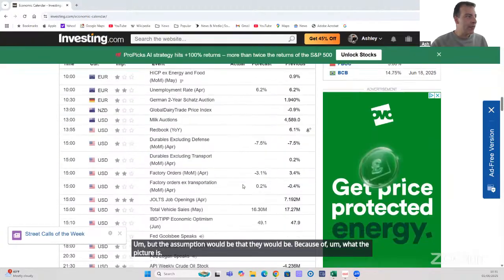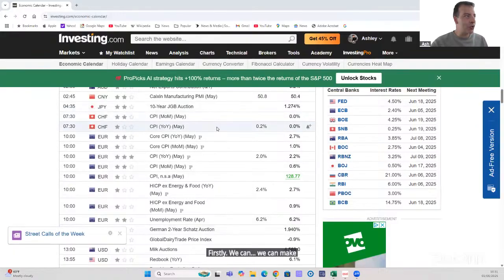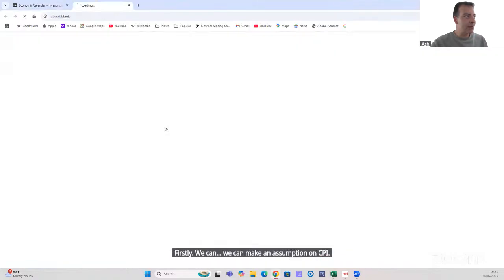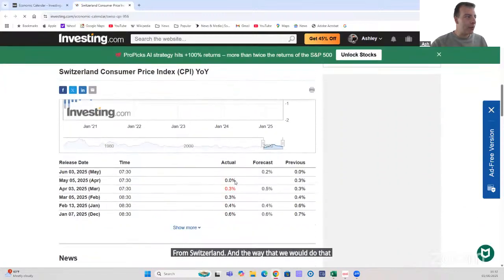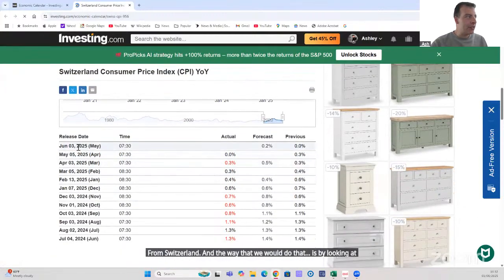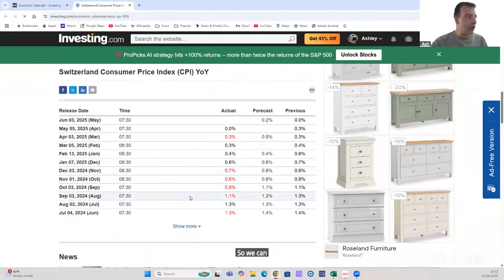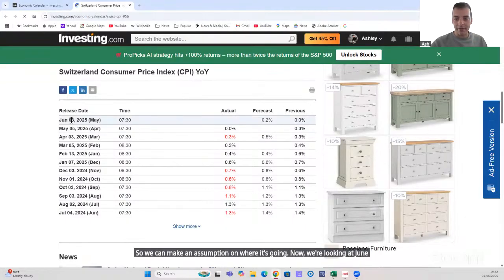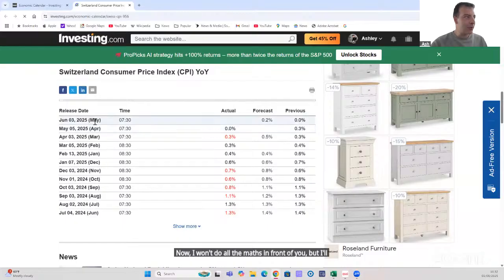So anyway, firstly, we can make an assumption on CPI from Switzerland. And the way that we would do that is by looking at, now this is year on year, CPI year on year. So we can make an assumption on where it's going. Now we're looking at June 2025. Now I won't do all the maths in front of you, but I'll tell you how to do it.